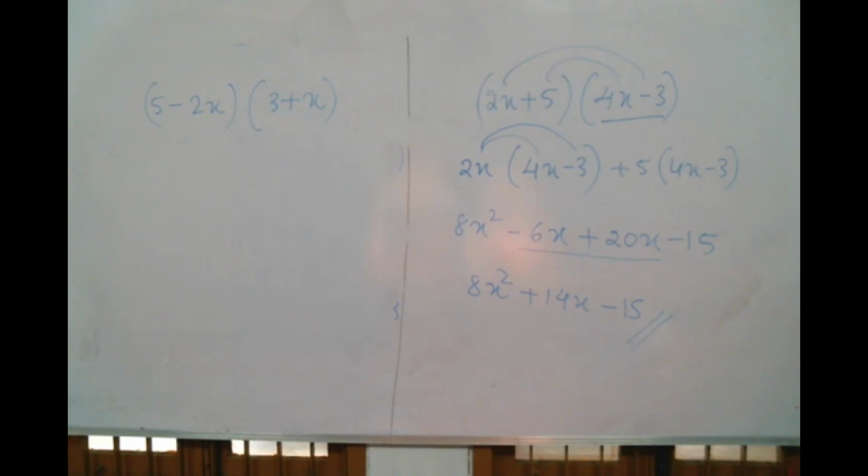Okay, Pragya got a different answer, minus 2x square minus x plus 15. What about others? Others, write your answer. Okay, Akshar Tiwari got 15 minus x minus 2x square. It is same as Pragya. Okay, Bharava got a different answer.